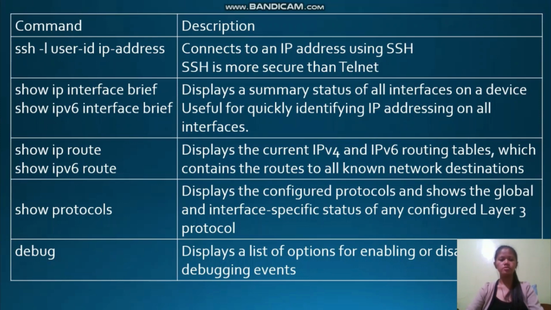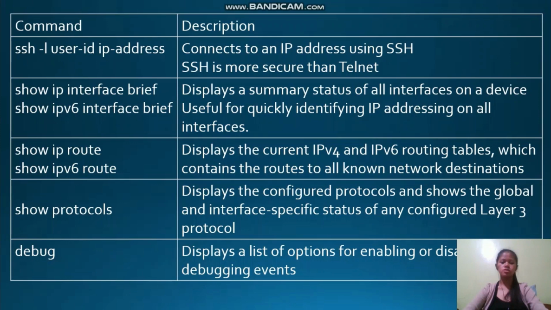Show ip interface brief displays a summary status of interfaces on a device. Show ipv6 interface brief is useful for quickly identifying IP addresses on all interfaces. Show ip route and show ipv6 route display the current IPv4 and IPv6 routing tables, which contain the routes to all known network devices.